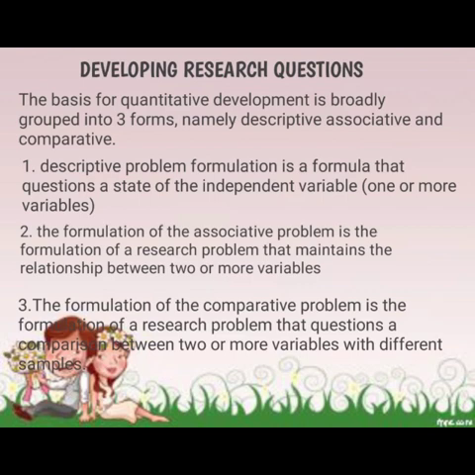The formulation of the associative problem is the formulation of a research problem that questions the relationship between two or more variables. 3. The formulation of the comparative problem is the formulation of a research problem that questions the comparison between two or more variables with different samples.